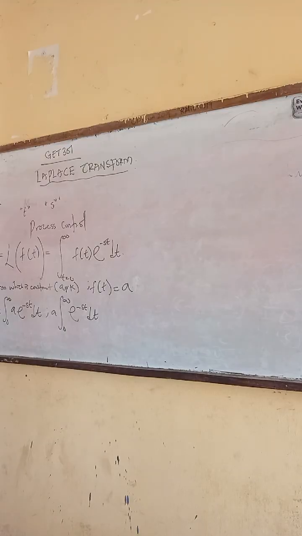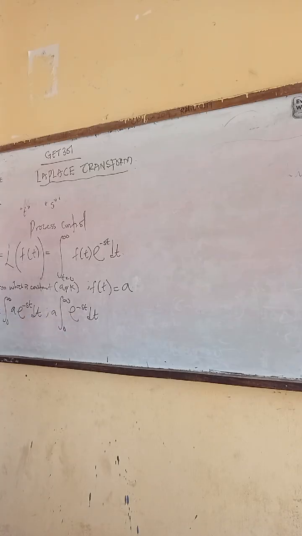But if it is differentiation, what will be the differentiation of exponential kt? It is k e raised to power kt. So if you have e raised to power kt, the integral is 1 over k exponential kt. It means you are taking the 1 over what is beside t. Same thing here.